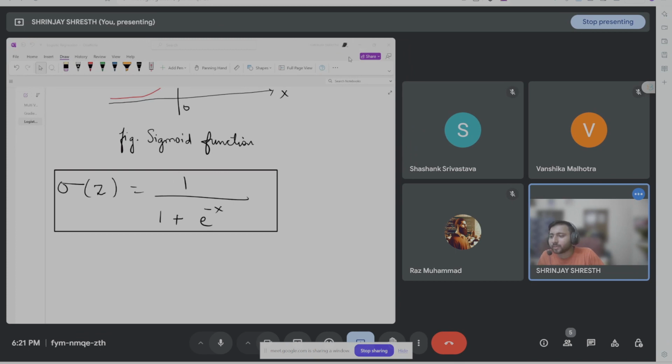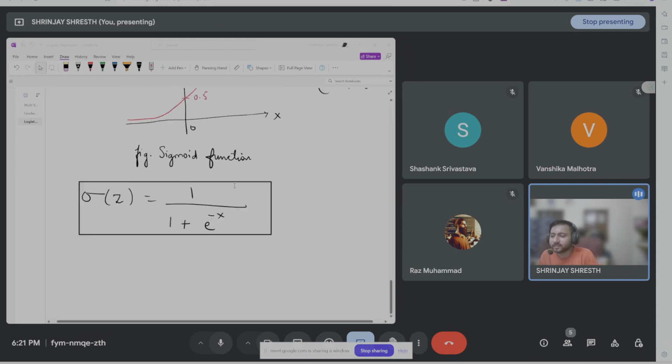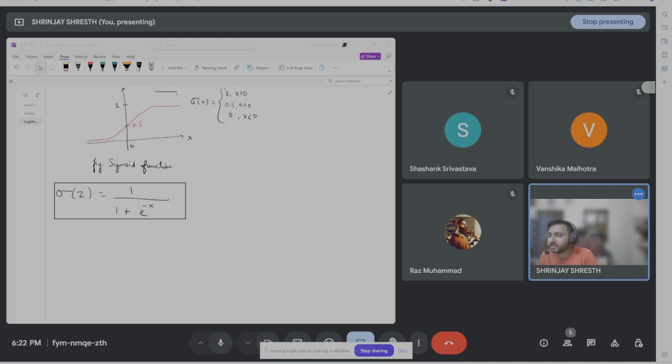Okay, so we'll use this very interesting function, but see how we'll use it. Technically, this function is used in the hypothesis. Earlier we saw that our hypothesis function was something like beta naught plus beta 1x.